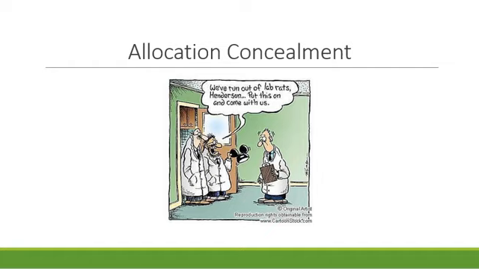It would be the statistician or other investigators who are not part of the application or the conduct of the study that would know. But there's lots of times which it becomes impossible to have that level of concealment.